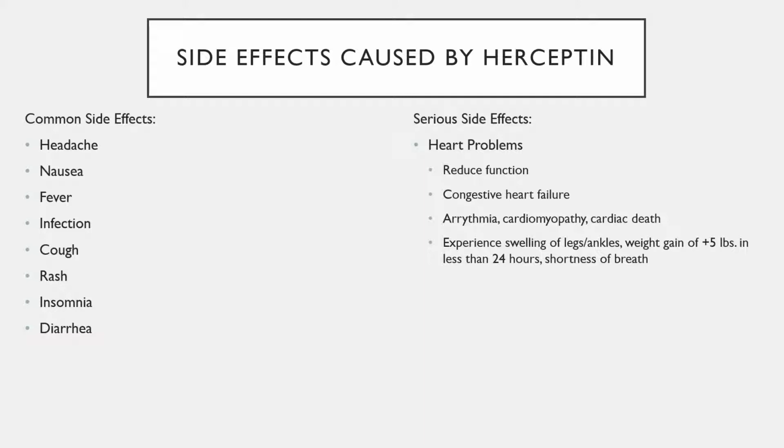It either reduces the function of your heart, you get congestive heart failure, arrhythmia, cardiomyopathy, cardiac death. Patients can experience swelling of legs or ankles, a weight gain of 5 pounds or more in less than 24 hours, or shortness of breath. And if they do experience this, they must seek medical help.